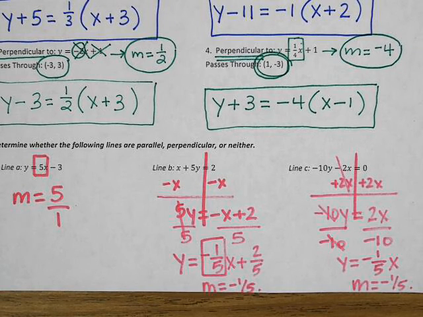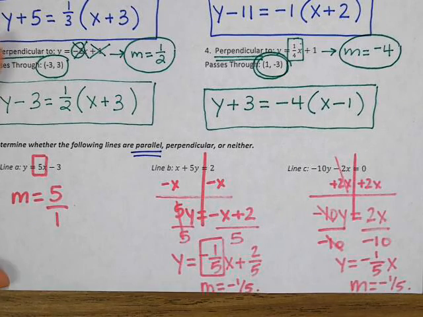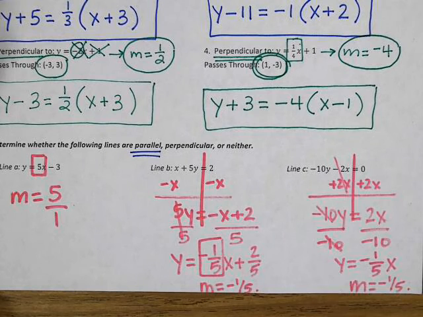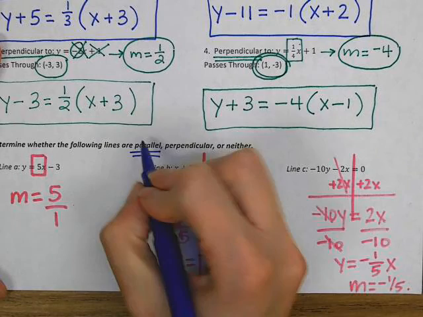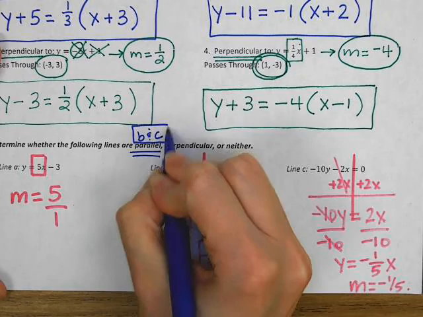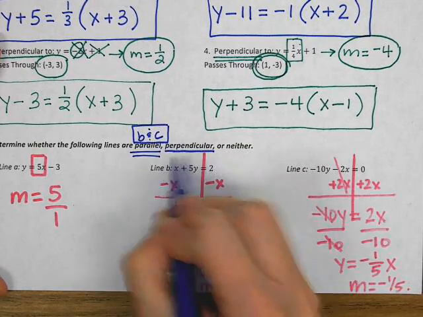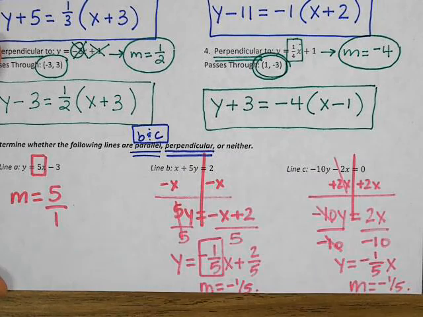Okay, so now the question, which lines are parallel? Let's do that first. If they're parallel, they have the same slope. So I'm going to say line B and C. These two are parallel. So parallel would be B and C. Which lines are perpendicular? That means they have opposite reciprocal slopes.